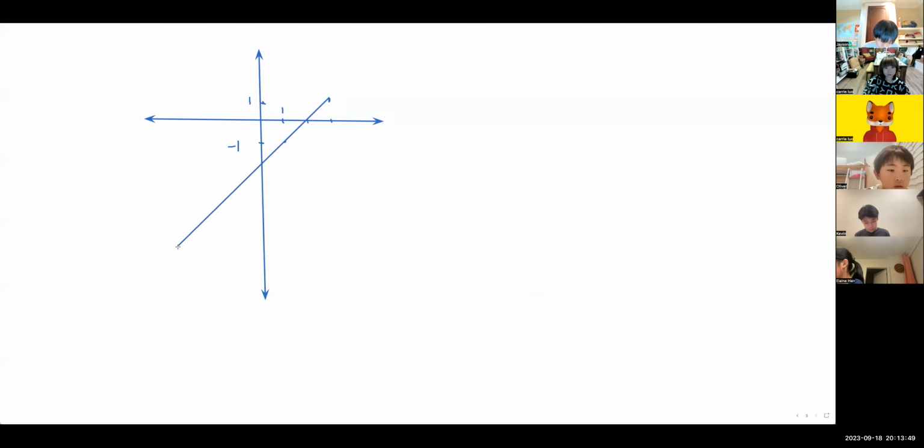So this one is a coordinate system, and I think everybody can do it, you just need a little bit of practice. Okay, boys and girls, please find out the equation for this one.